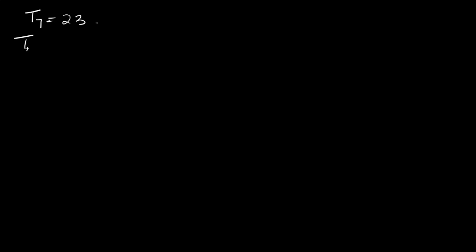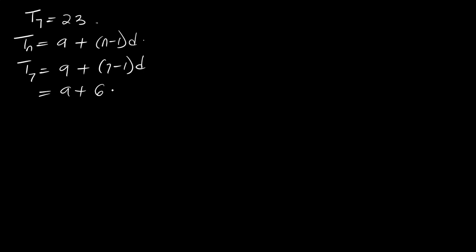Using the general arithmetic progression formula, the nth term is equal to A plus bracket open n minus 1 times D. That means the seventh term is equal to A plus bracket open 7 minus 1 times D, which gives us A plus 6D, and this is the same thing as 23, since the seventh term is equal to 23. So it now implies that A plus 6D is equal to 23. Let's call this equation 1.